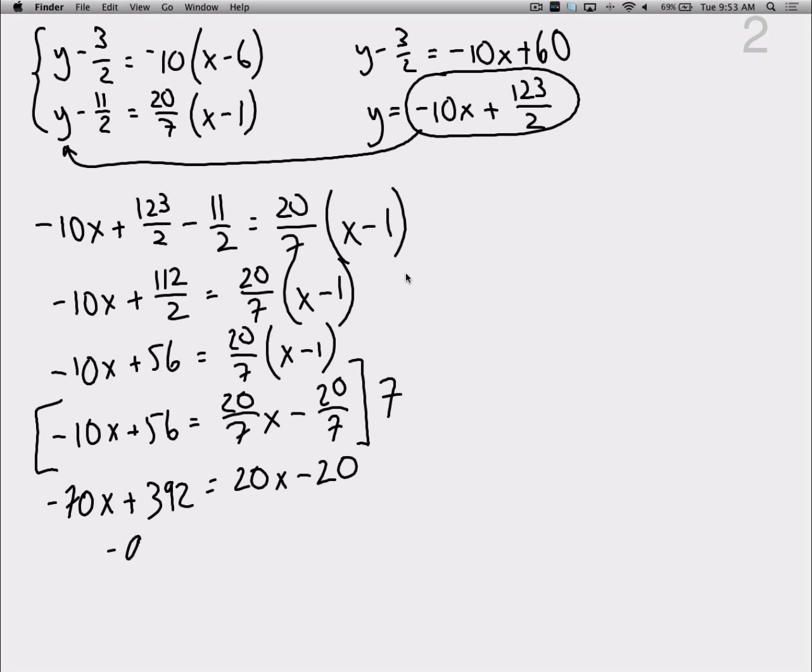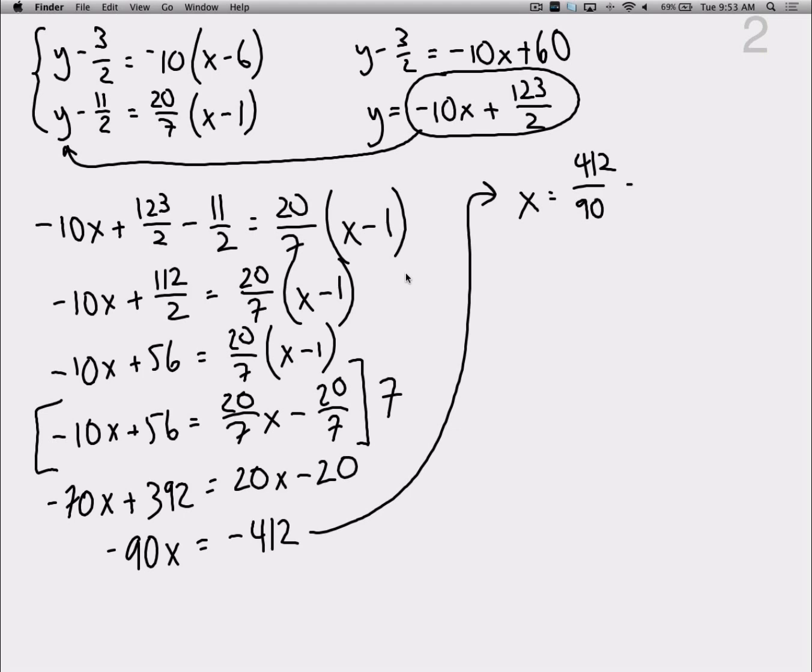I get negative 90x is equal to negative 412. Yes or no? Yes. Okay. Holy guacamole. X is 412 divided by 90, which I know can be simplified. 206 over 45.